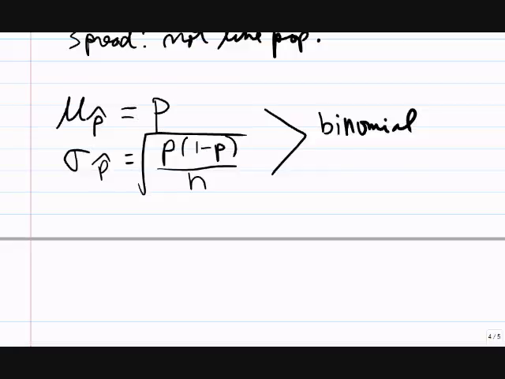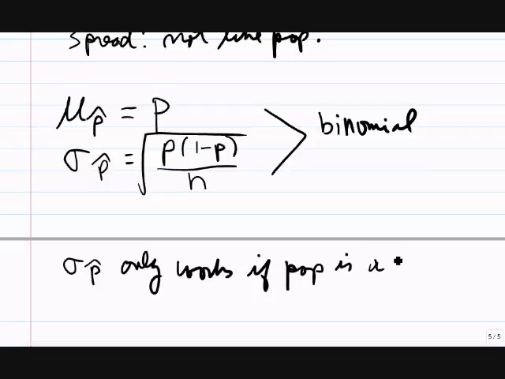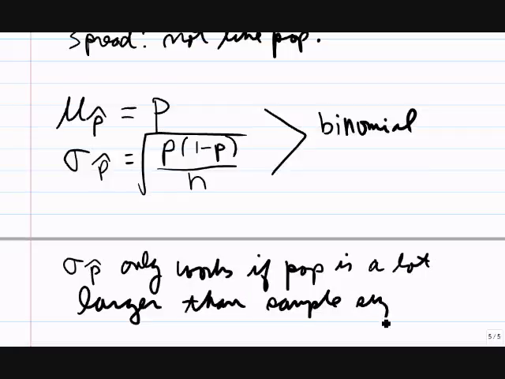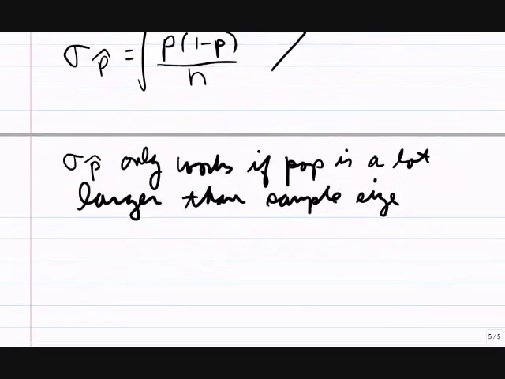Now we have to have some rules about this one because this one's a little trickier to use. This standard deviation calculation is only good if the population is a lot larger than the sample size. In your book they call this rule of thumb number 1.